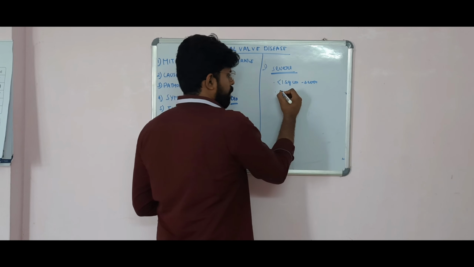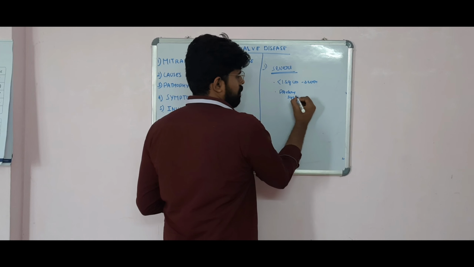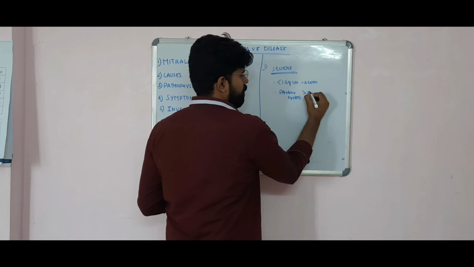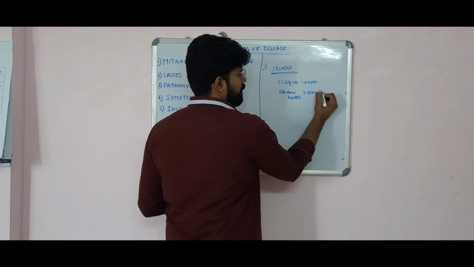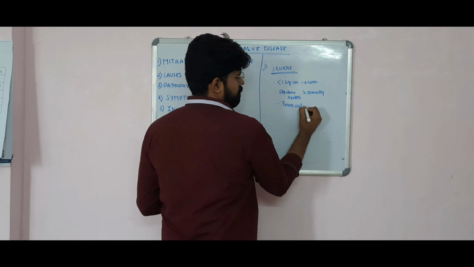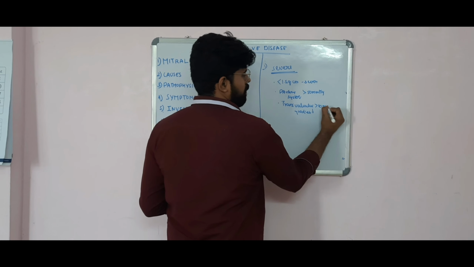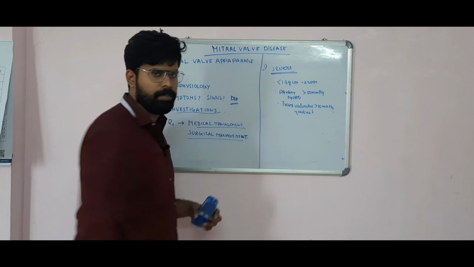And if the pulmonary artery systolic pressure is more than 50 millimeters of mercury, or if the transvalvular gradient is more than 10 millimeters of mercury, this is when you count it as severe mitral stenosis.